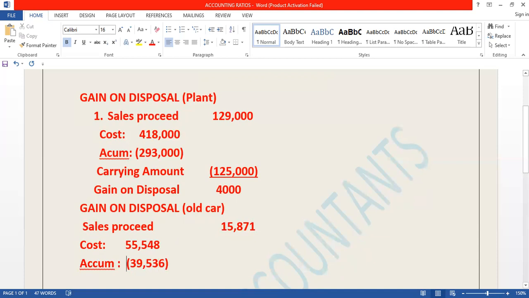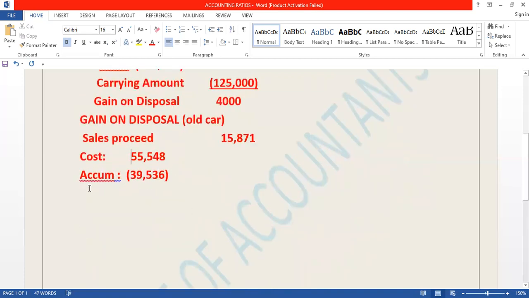Yeah. So what is the difference between the two? 16,012 naira. Now, this figure you are having here is going to be the carrying amount of that asset.